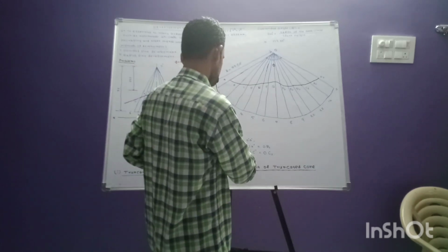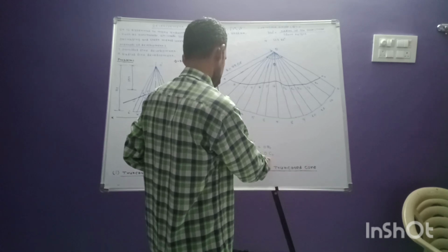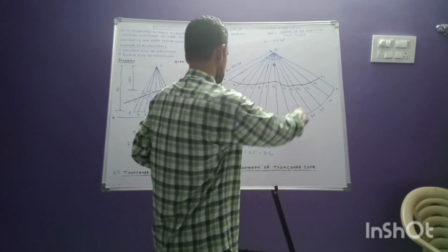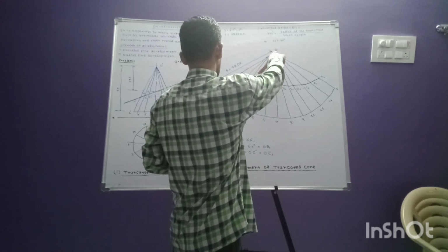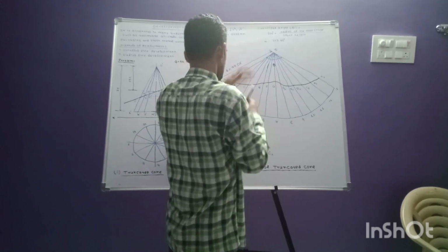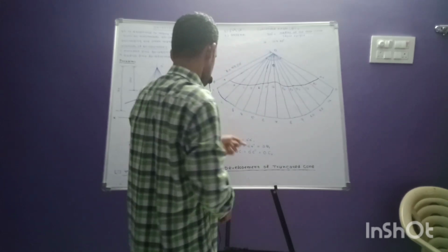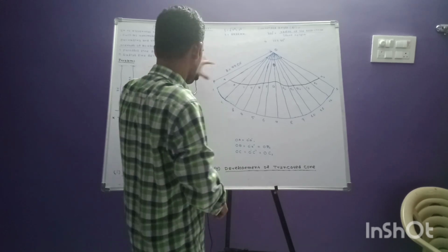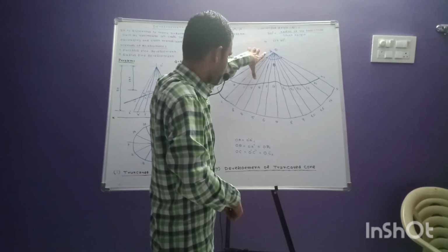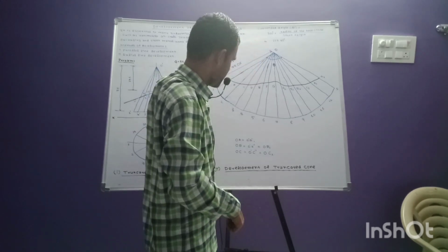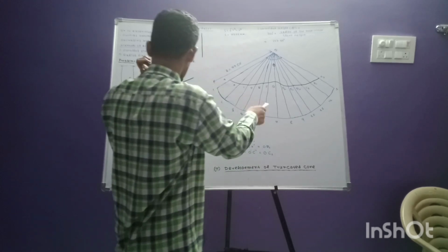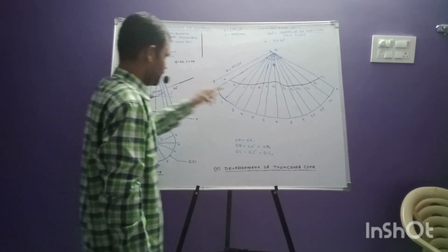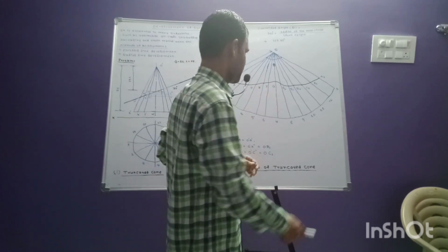So the same distance will be OC dash. Take O as center, take this distance OC dash and draw an arc on this line. Similarly, get other points D, E, F, G.